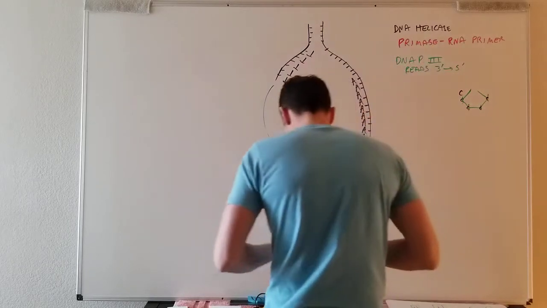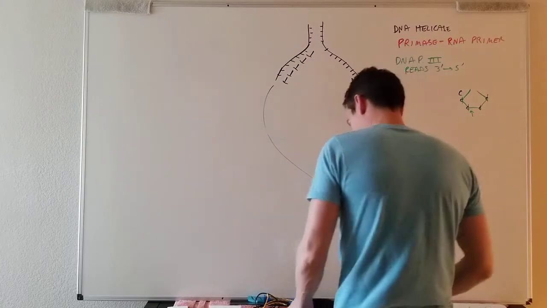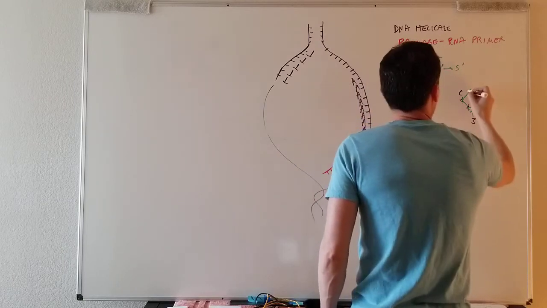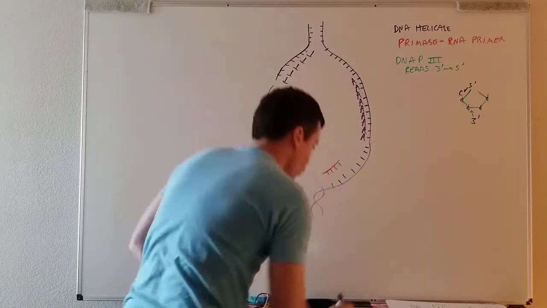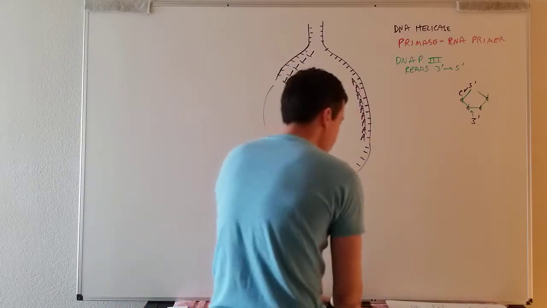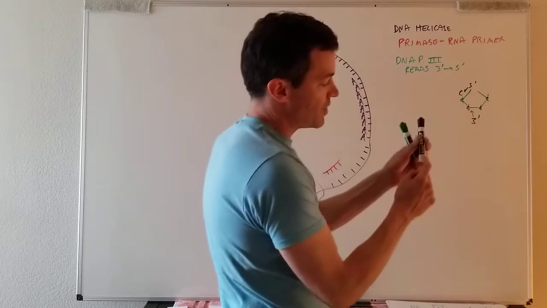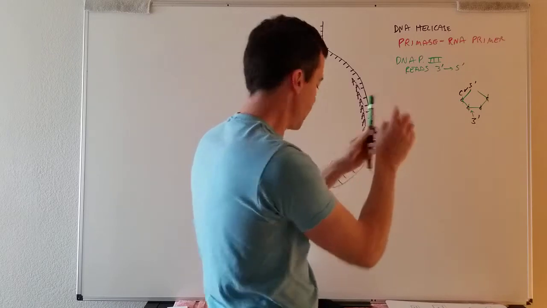This was carbon number 3, 3', and this up here is carbon number 5, 5'. So what that means is I'm moving this way, so I'm reading 3 to 5. Think of it this way, pretend the bottom of this pen is 3 and the top is 5, 3 to 5, 3 to 5.